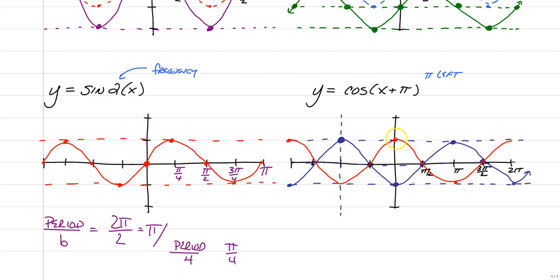And the blue one just shows you that we shifted the starting point, which means every single point 2 tick marks to the left. So look, here's this point right here, 2 tick marks to the left. Here's our red one down at the bottom, 2 tick marks to the left. Here's our red one on top, 2 tick marks to the left. So we just shifted the entire graph left by pi.